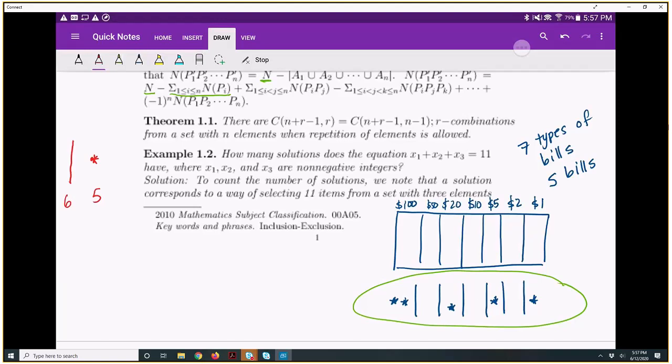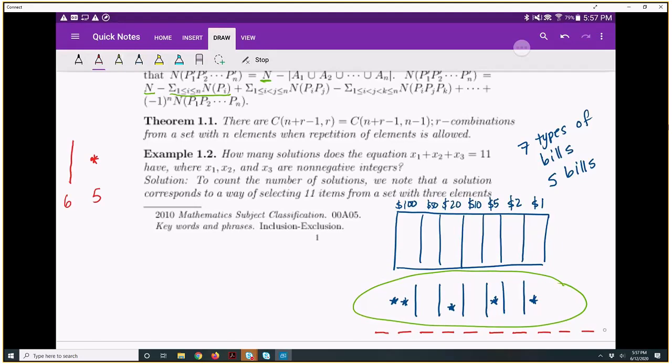Well, the simplest way to count that is going to be to think about this as 11 different spaces. And then what I'm doing is I'm choosing 5 spaces to put the stars in. Do I have 10 or 11? 1, 2, 3, 4, 5, 6, 7, 8, 9, 10.